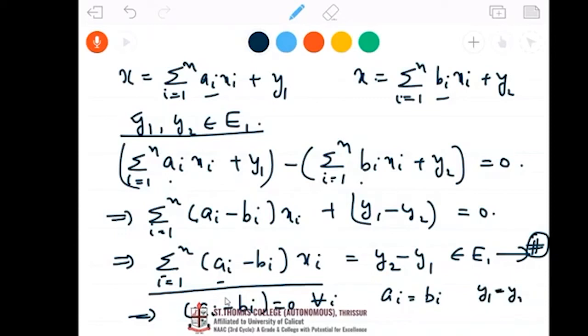So the expression of x as a linear combination of x1, x2, etc., xn and an element of E1 is unique. Okay, so our one-way implication, the first part of the theorem, is over. We have proved that if the dimension of E over E1 is equal to n, then x1, x2, etc., xn satisfy star.